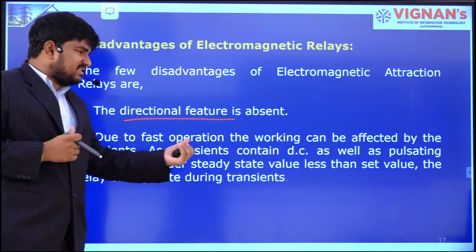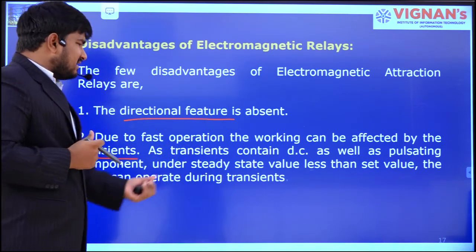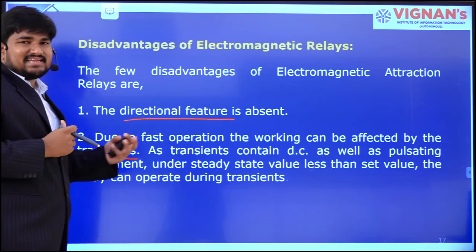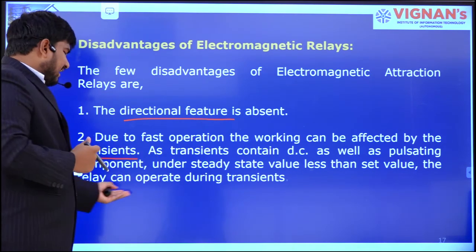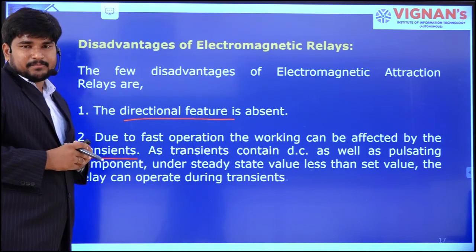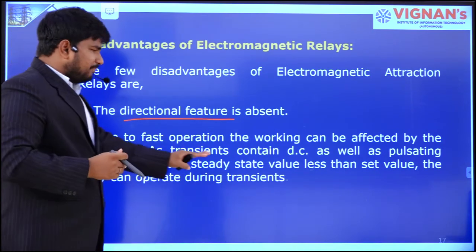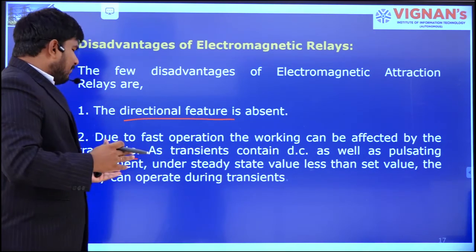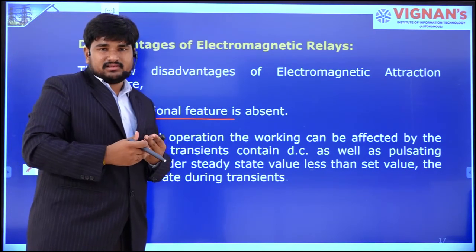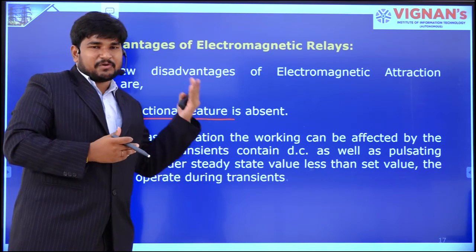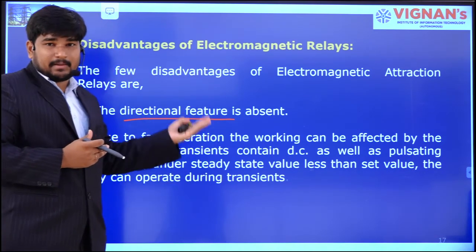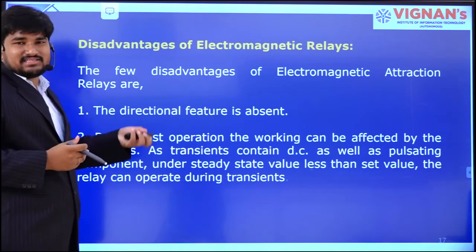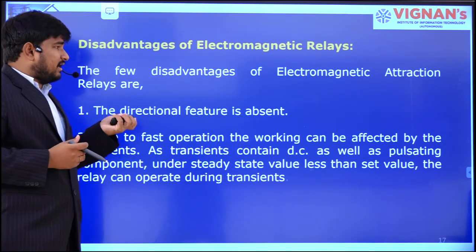As transients contain a DC as well as a pulsating component, even with a steady state value less than the set value, the relay can operate during transients, right? So ultimately, because of faster operation, transients or dampings are produced inside electromagnetic attraction type relays. So these are the advantages and disadvantages of electromagnetic relays.